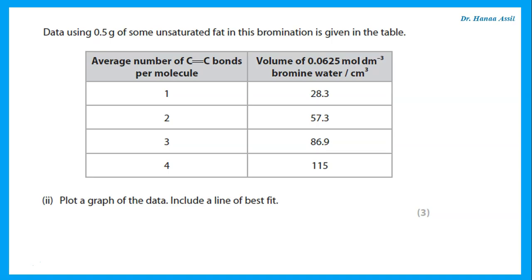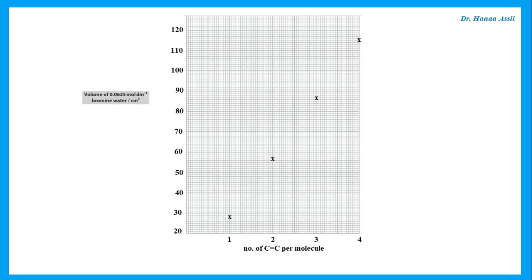Data using 0.5 grams of some unsaturated fat in this bromination is given in the table. Plot a graph of the data and include a line of best fit. So they are finding how much bromine water I need if the molecule has 1 double bond or 2 or 3 or 4. To draw a graph, the first thing we do is label the axis.